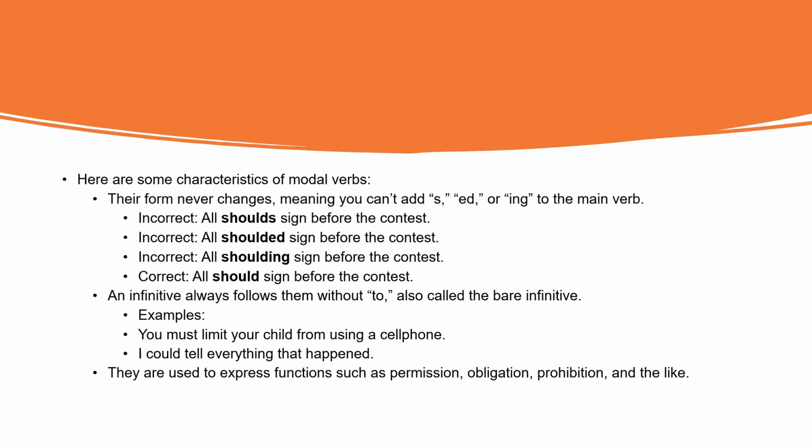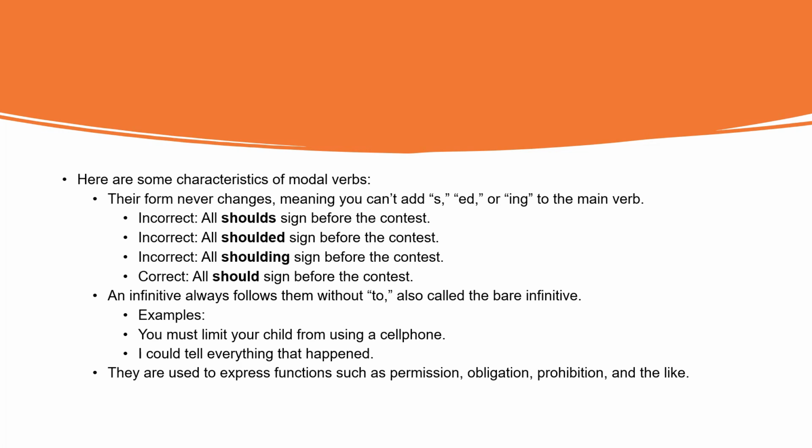Also, an infinitive always follows them without to. It is also called the bare infinitive, like the examples given. In the first sentence, you must limit your child from using a cell phone, we don't find the word to.